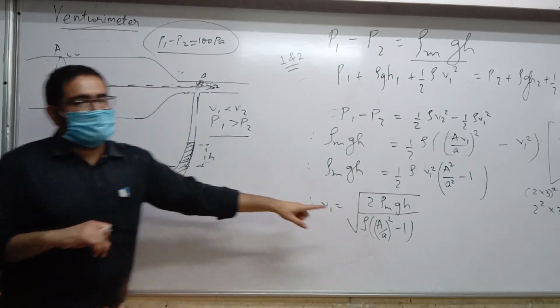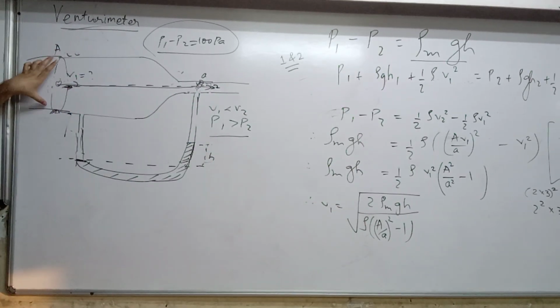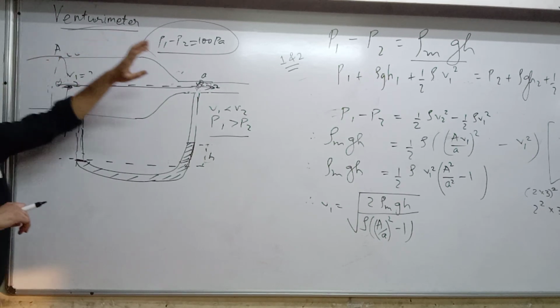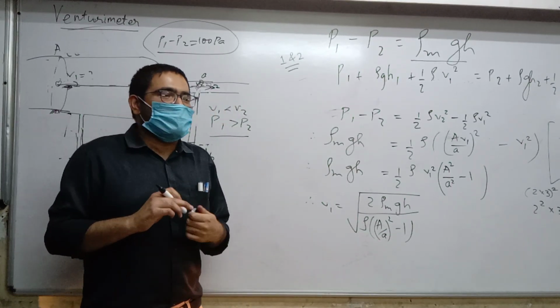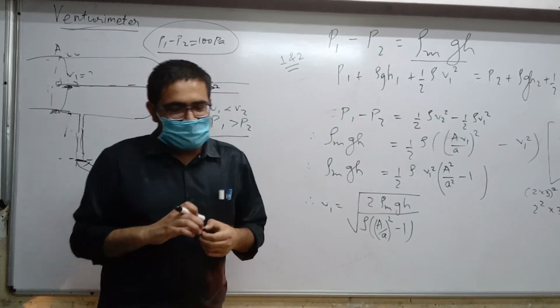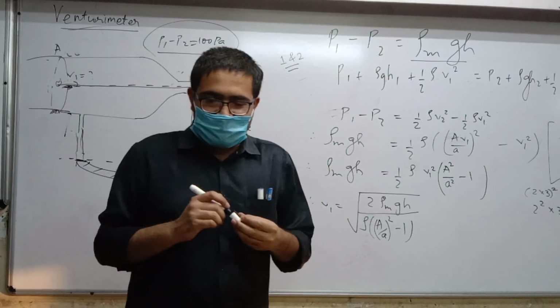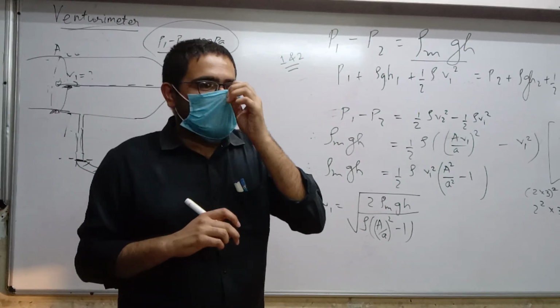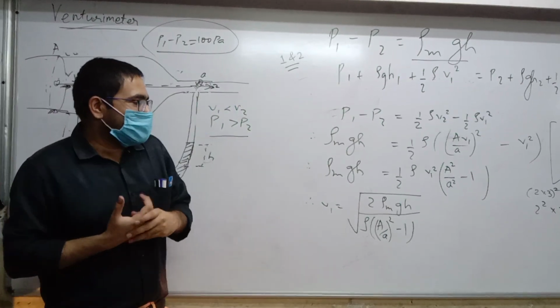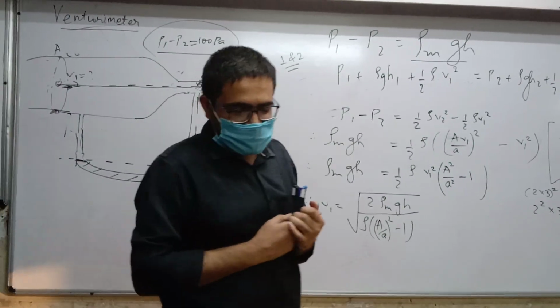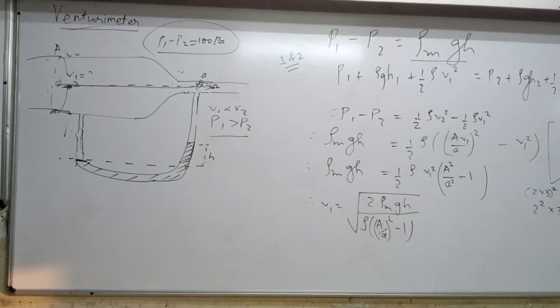Capital A, area of the broader area. You look at broader area, you will be able to remember that. Larger area, broader area. Lowercase a, neck. Area of neck or narrow area. Area of neck or narrow area. And one is 1. Very good.